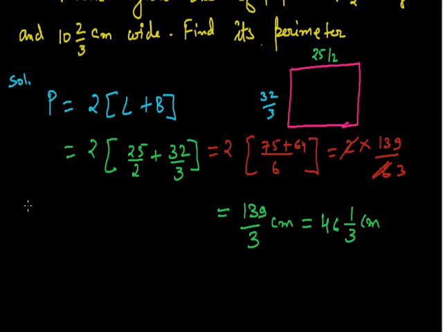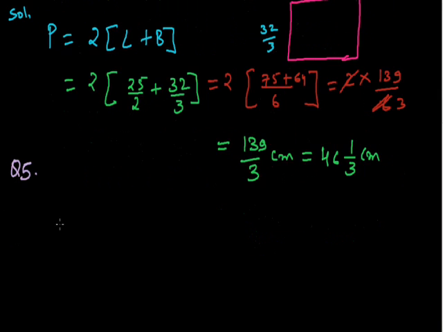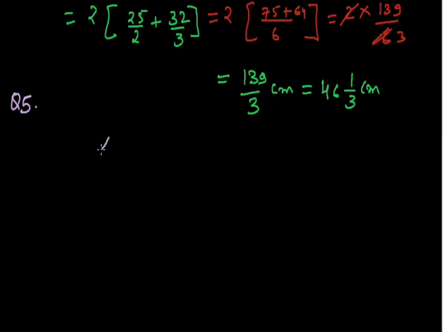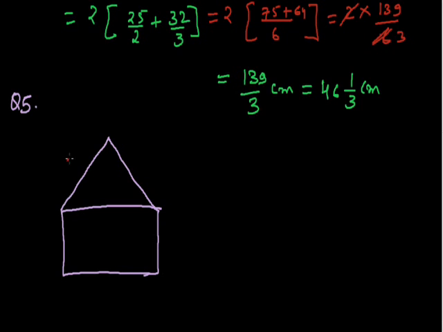Now the fifth question. In the fifth question we are given a figure in which we have a triangle and below it a rectangle. Now the dimensions are given like this. Now we can convert the mixed fractions into improper fractions. Here it will be 18 by 5. Here it will be 11 by 4.